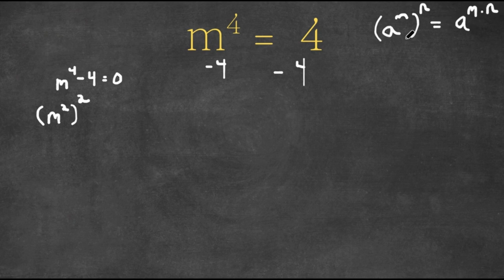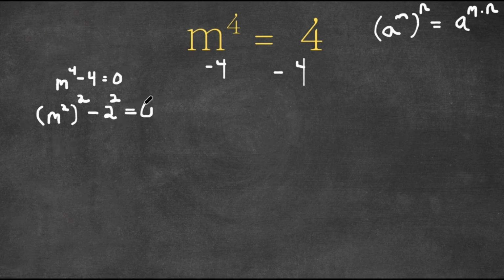So I changed m to the power of 4 into the form a to the power of m to the power of n, and we're going to subtract this with, I'm going to change 4 to 2 squared. And this is equal to 0.